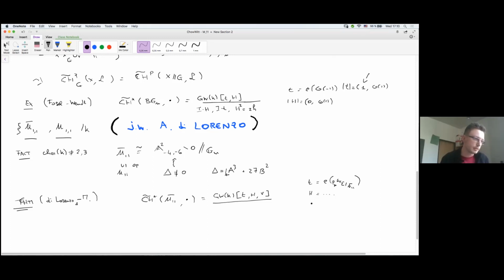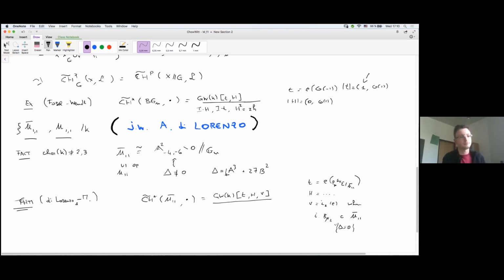Now V is a bit more complicated to explain, and it can be taken to be the push forward of some class E from B mu2, where I is the embedding of B mu2 inside M11 bar as the locus of singular curves, so the locus where delta is equal to 0.